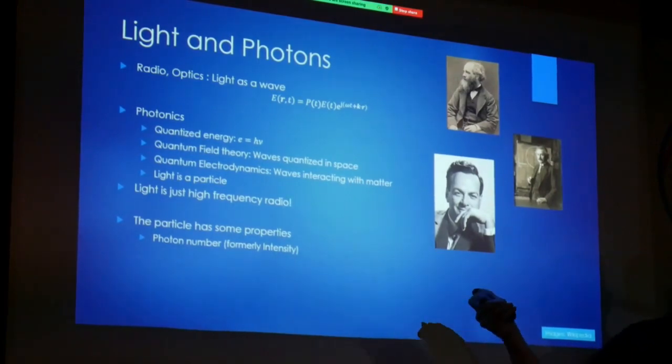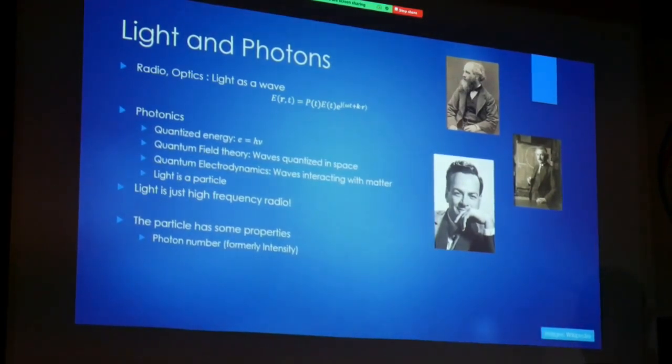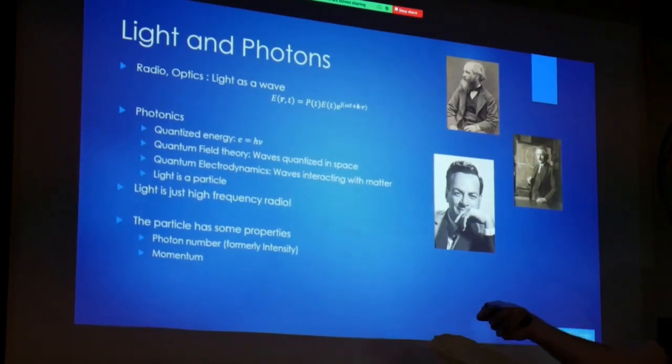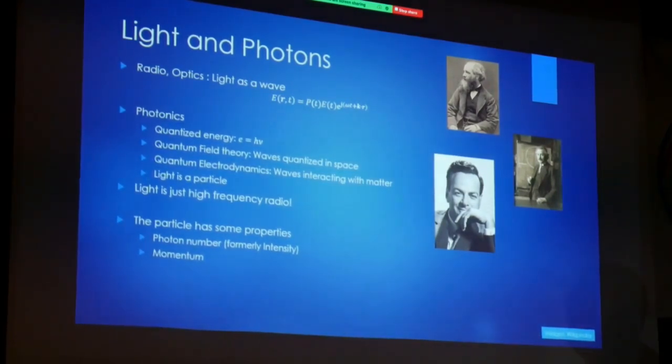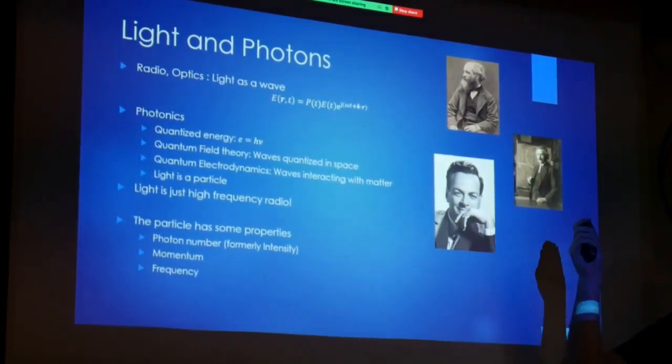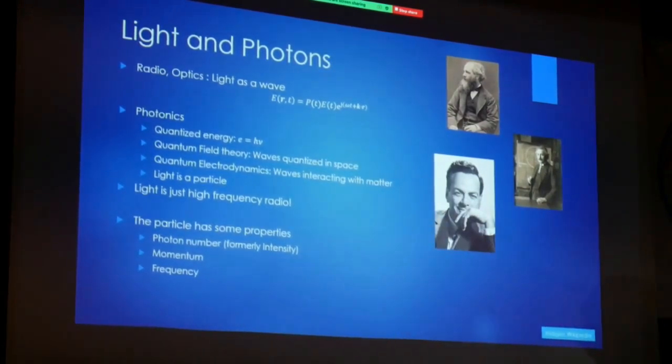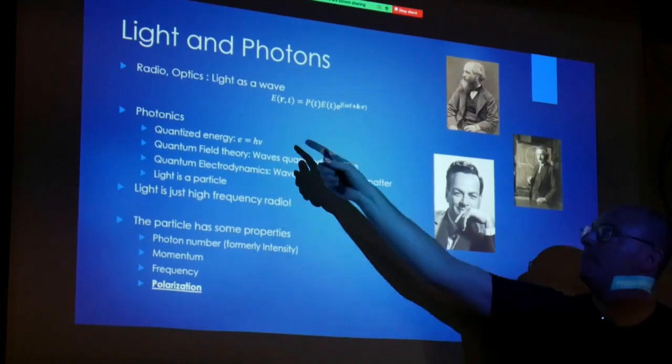So photon number is one of these properties that we can control quantum mechanically. Momentum, which is the ability for when two things hit to push back against each other, that's a property of light as well. Frequency, fortunately, that didn't change. It just has a new meaning in relation to intensity. And polarization, the P up here.